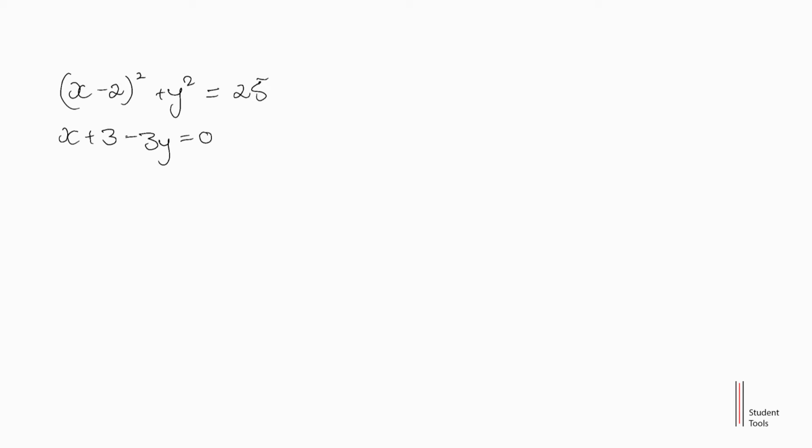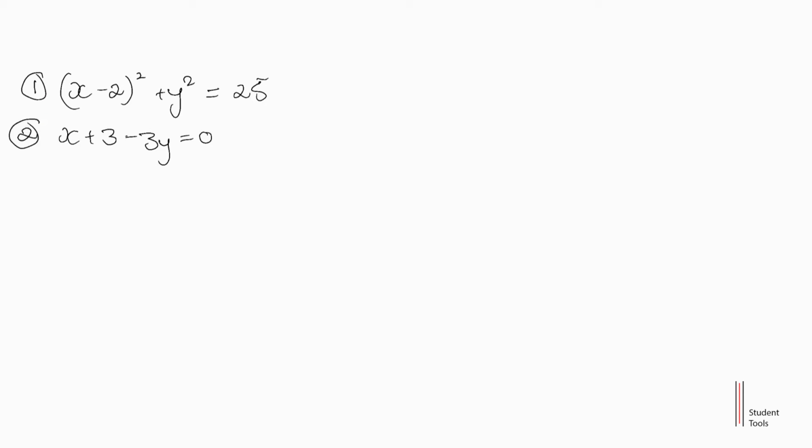Then in this question we're told that this straight line intersects the circle at 2 points A and B. So that means we will have to solve these two equations simultaneously, using substitution. But before we substitute, let us manipulate one of the equations. Let's say this is equation 1 and this is equation 2.